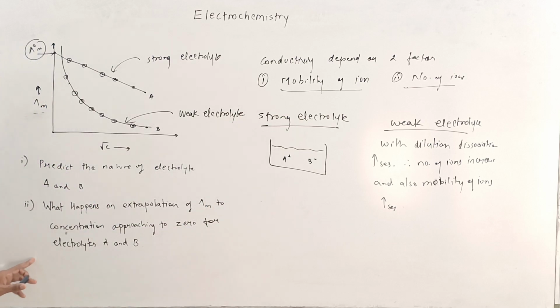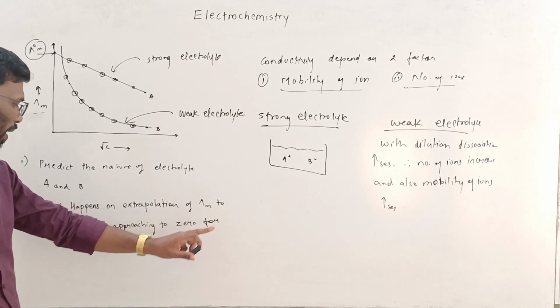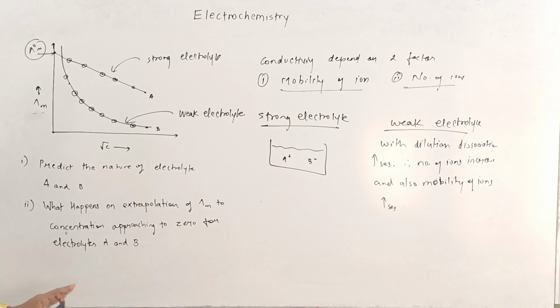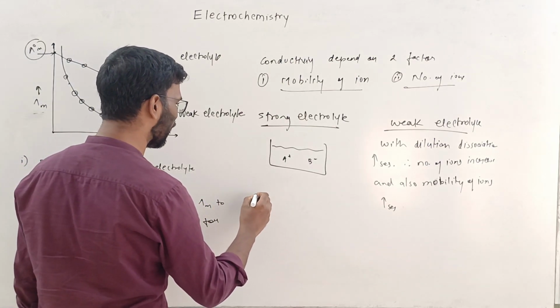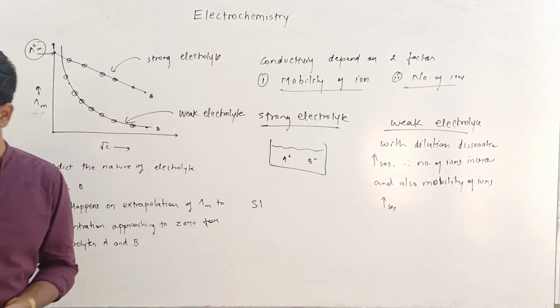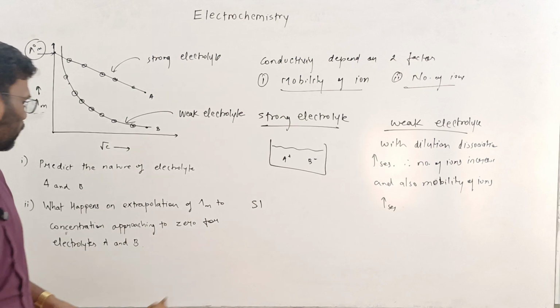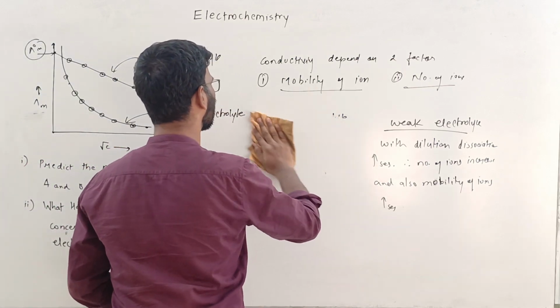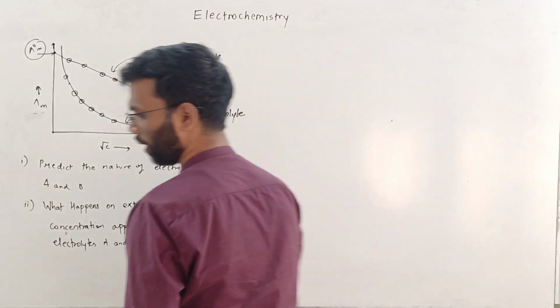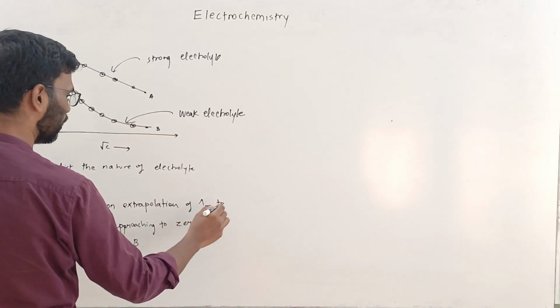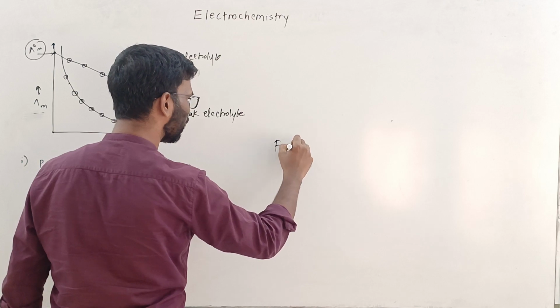What happens when extrapolation of lambda m to concentration approaching 0 is done for both A and B? What we get is a limit for the strong electrolyte. This is the answer for the second one.